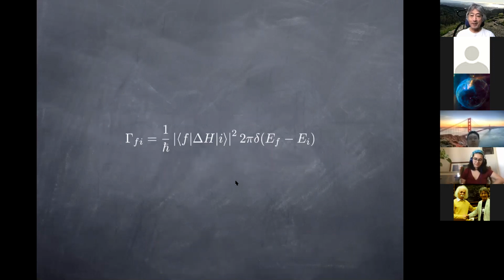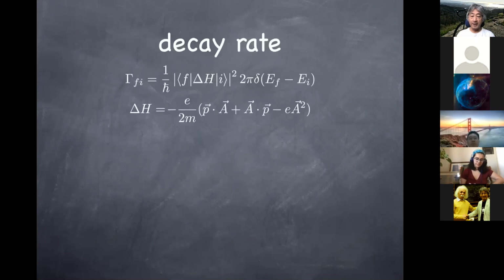Okay. So we go about and compute this matrix element. So delta H was this one coming from the previous slide. It turns out that, even though I was paying careful attention to the ordering between P and A, I didn't have to, thanks to the choice of the Coulomb gauge. So when you look at the commutator between P and A, summed over all the indices of P and A as an inner product, then P is basically the derivative with respect to x.